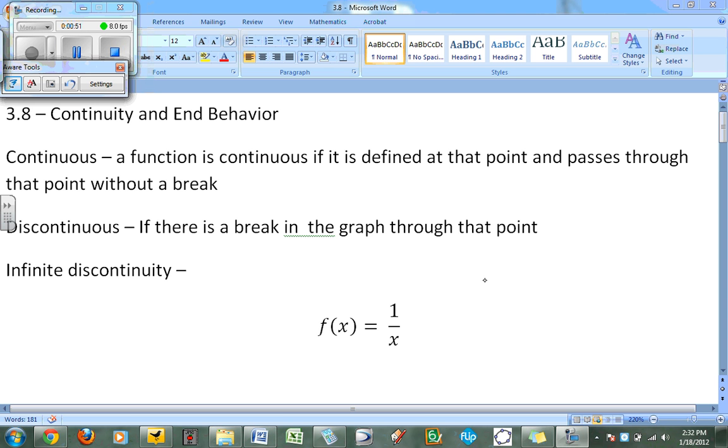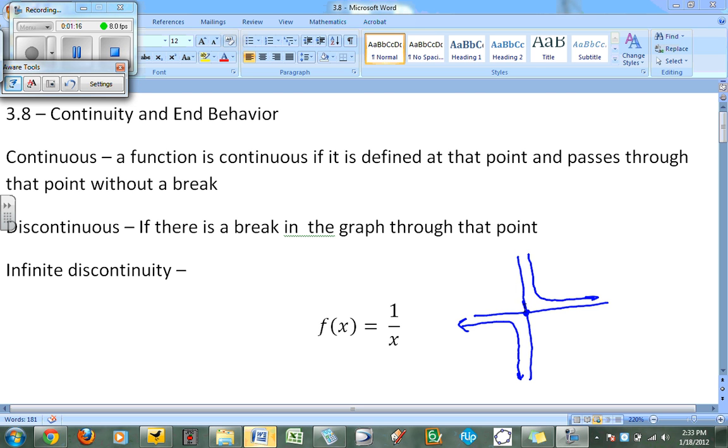But we should know that the graph of the function 1 over x has a vertical asymptote along the y-axis and a horizontal asymptote along the x-axis, and we should know that it looks something like this. This is what we call infinite discontinuity. No matter what, there is no value for x equal to 0.